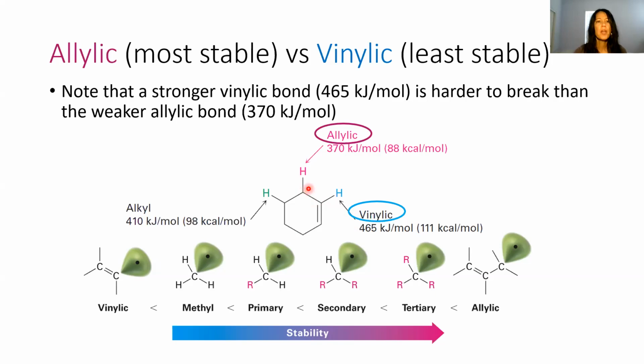Allylic is better. The other thing that you'll read in your textbook is that this also tracks with bond energies. So allylic has a bond strength that is lower than the others. So that means it's easier to break that bond, essentially, so more reactive. Vinylic is harder to break the bond, has the highest bond energy, so it'll be least reactive.